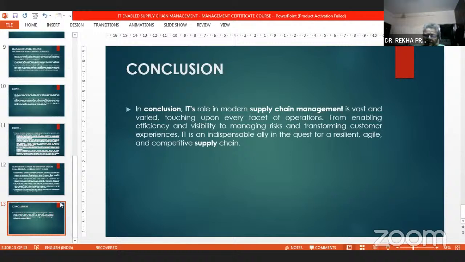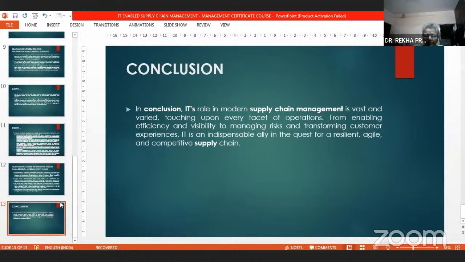Similarly, for any organization to grow, you need information. Otherwise there will be no communication between the different stakeholders and partners of the company, because it is a united effort which will lead you to the ultimate objective of achieving the competitive edge.